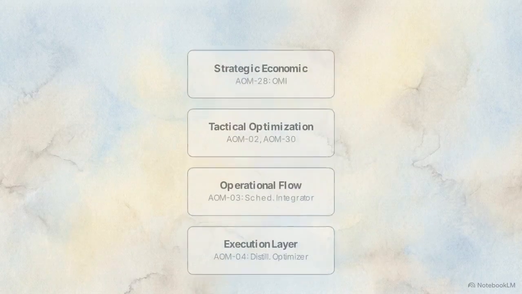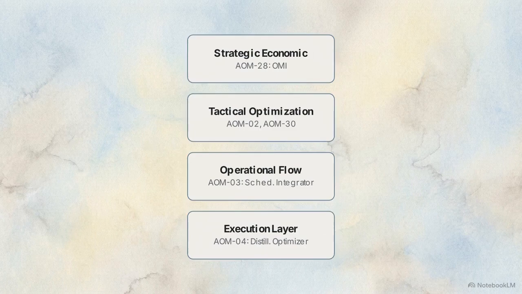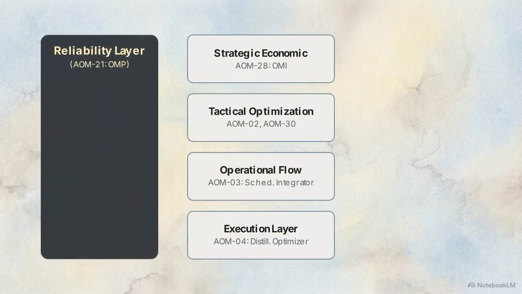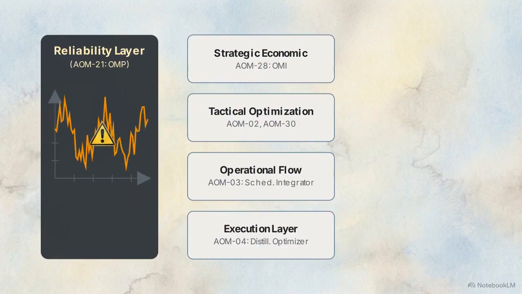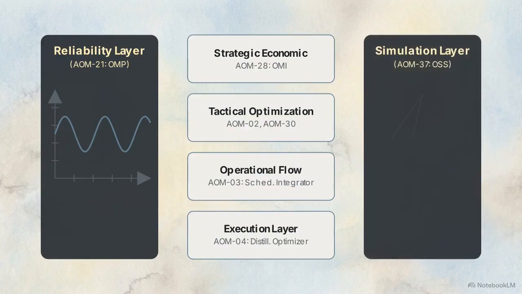Optimizing for maximum profit is only effective if the underlying physical hardware is actually running. To protect the facility, the core architecture is flanked by the reliability layer. Here, the maintenance predictor analyzes vibration and temperature data to anticipate equipment failures before they cause an unplanned shutdown. On the opposite side sits the simulation layer.